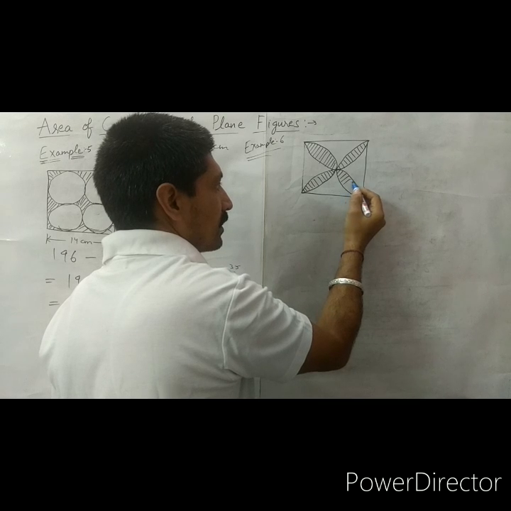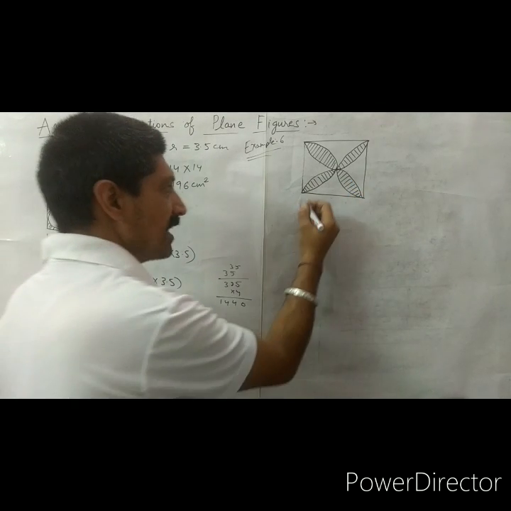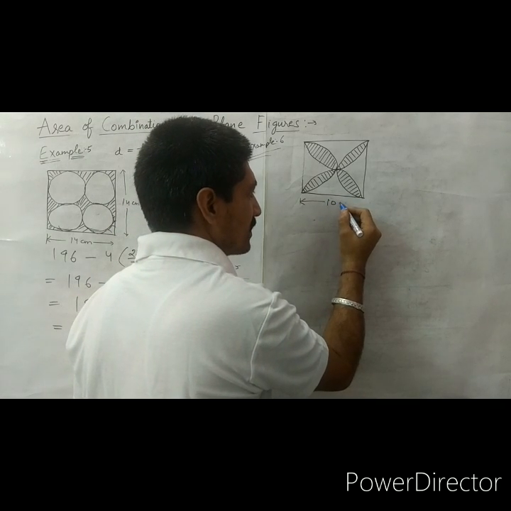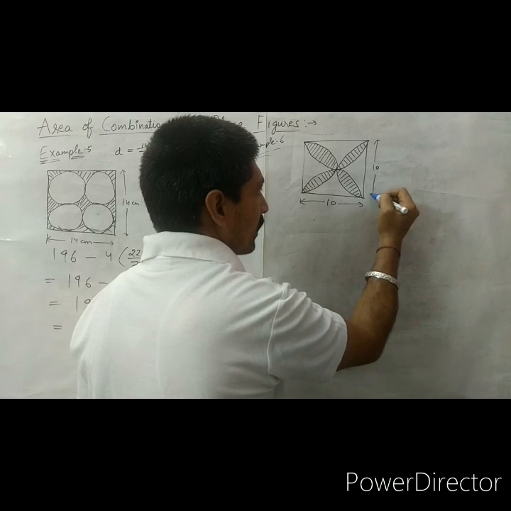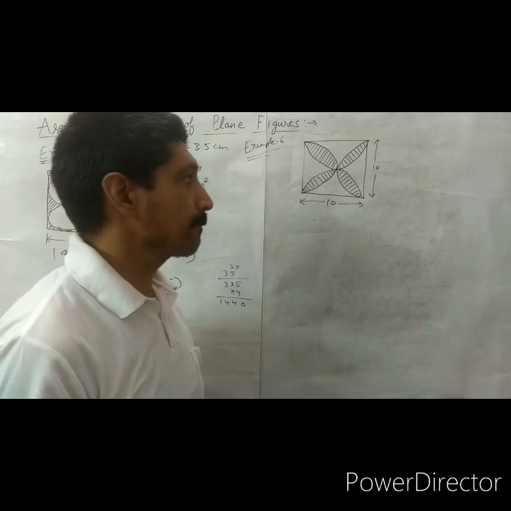So the concept here is very simple. The side here is 10 units or 10 meter or centimeter. So the radius of all the circles is 5.